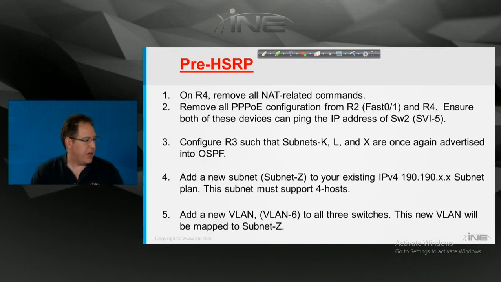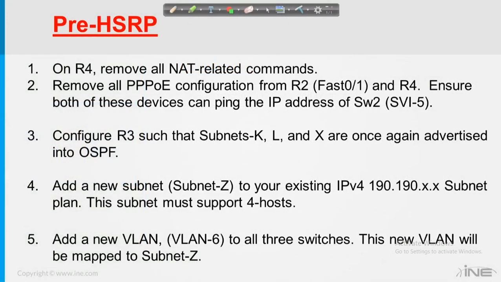Remove all PPP over Ethernet configuration from R2 and R4 and ensure both these devices can ping the IP addresses of switch 2. So we're reverting back to a regular Ethernet. Great. Let's get rid of that pesky virtual template.